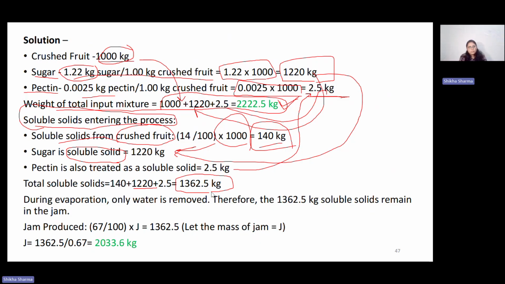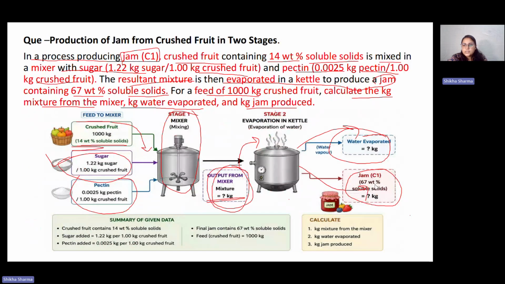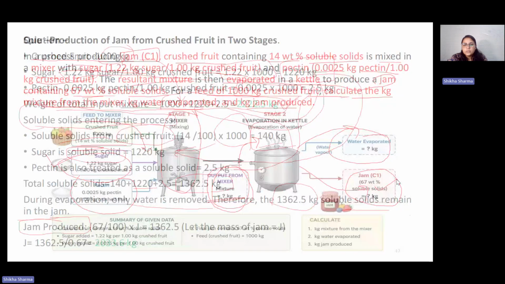So when the evaporation is taking place, only water is removed. Therefore, this soluble solid, 1362.5 kg, will remain in the jam. The jam which is produced is given as 67 weight percent soluble solid.